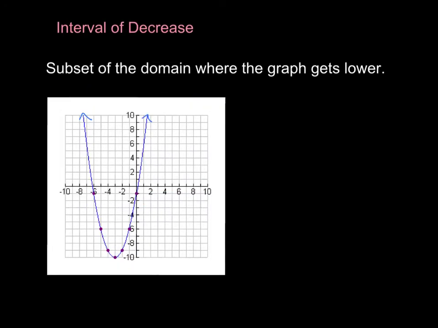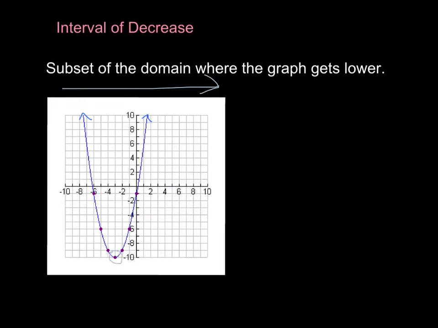And now we'll look briefly at the subset of the domain where the graph gets lower, so the interval of decrease, which is the opposite definition of the previous one. We're still going to look left to right, just like we're reading, and only this time we're looking for areas where the graph is getting lower. So again, we can look at here where we know that there's a change.